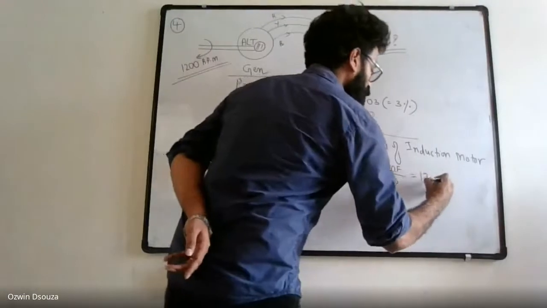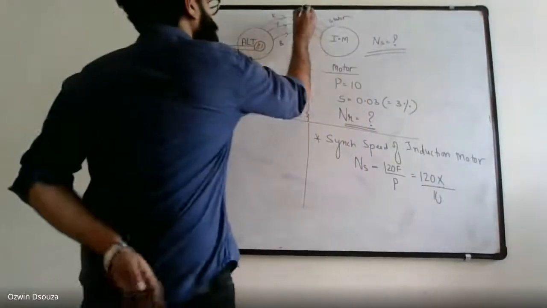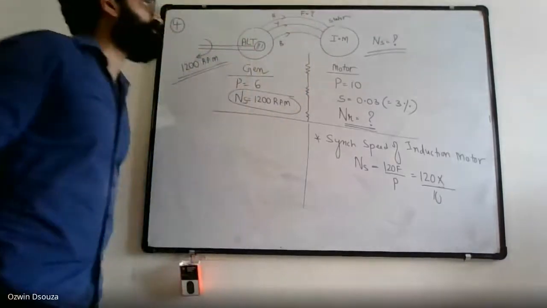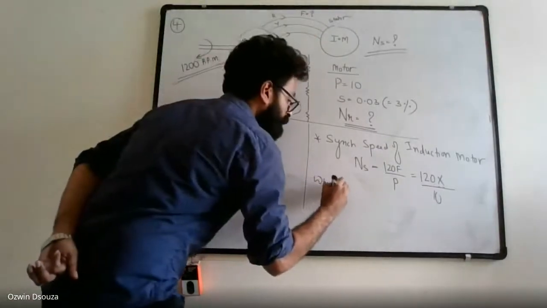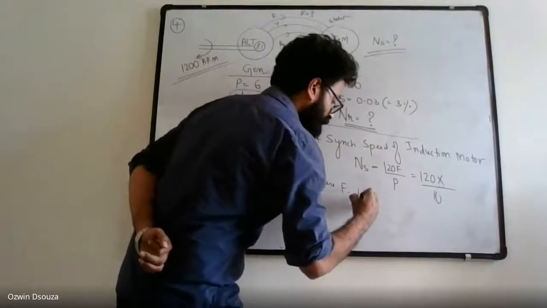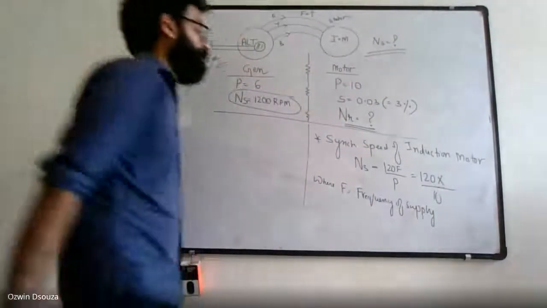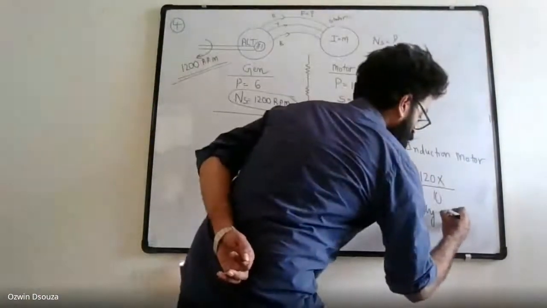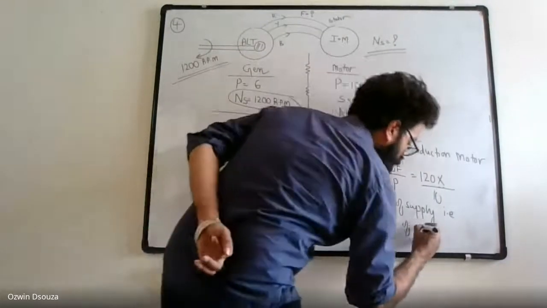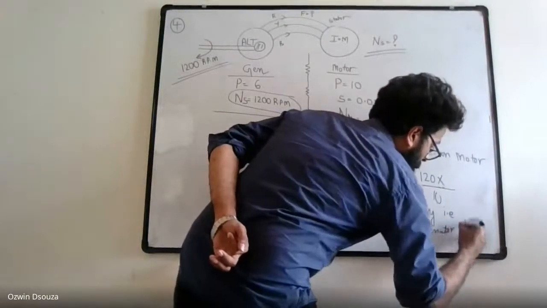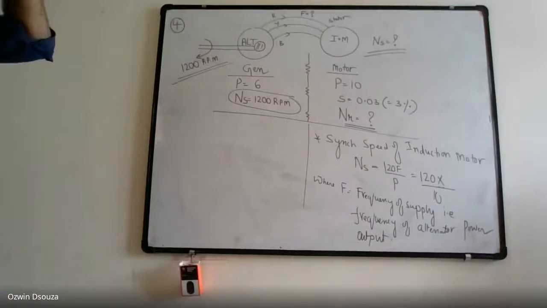So that is equal to 120 into F, I don't know, P I know, 10. Now, what is F? How will you find out F? F is the frequency of supply, that is, the frequency of the alternator power output.